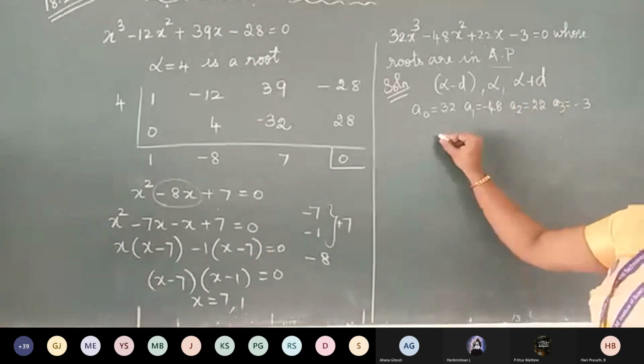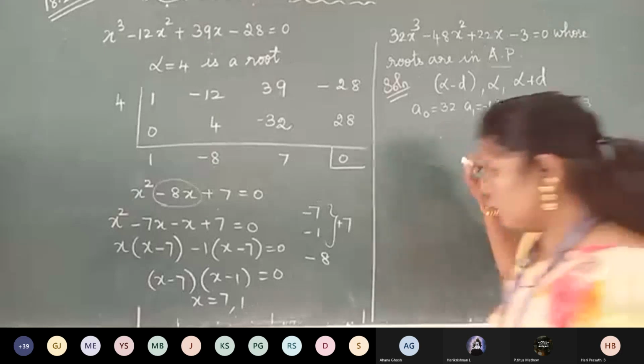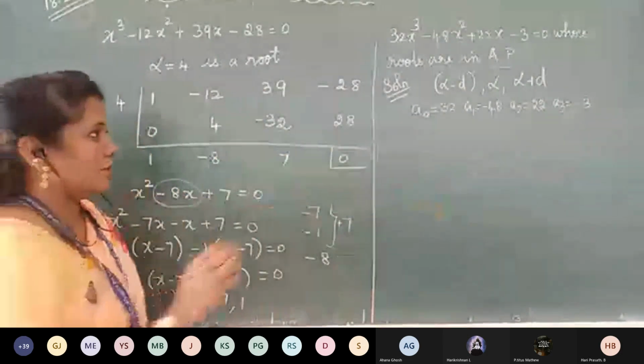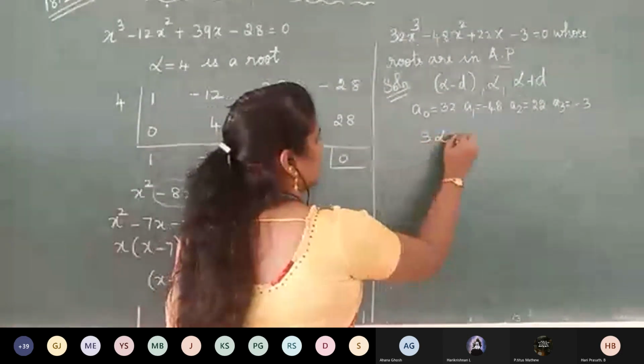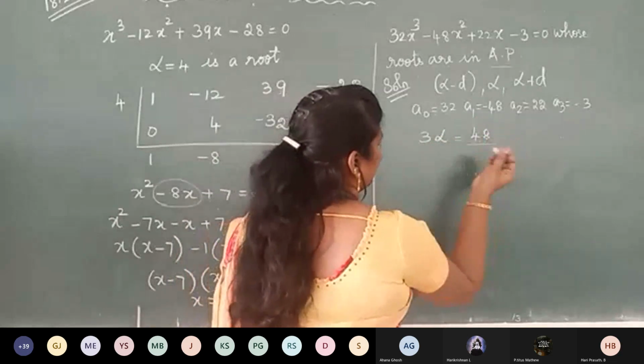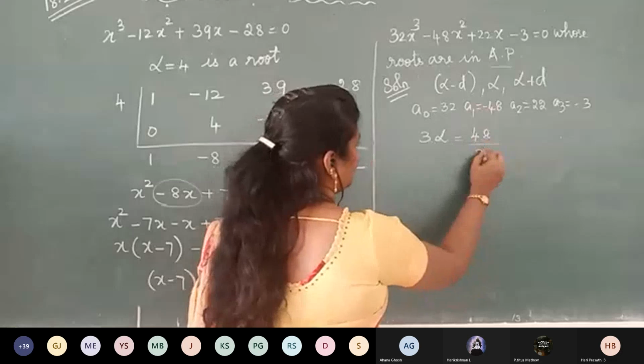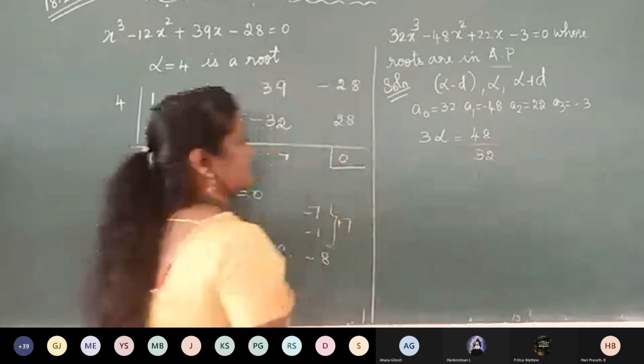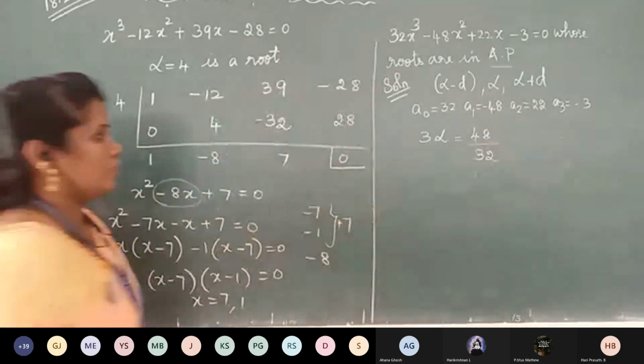So here, when you add your terms, what will you get? 3 alpha is equal to minus A1 by A naught, so it will be plus 48 by 32.